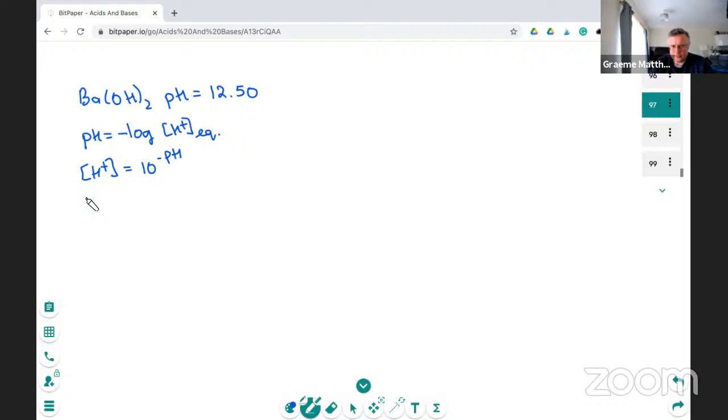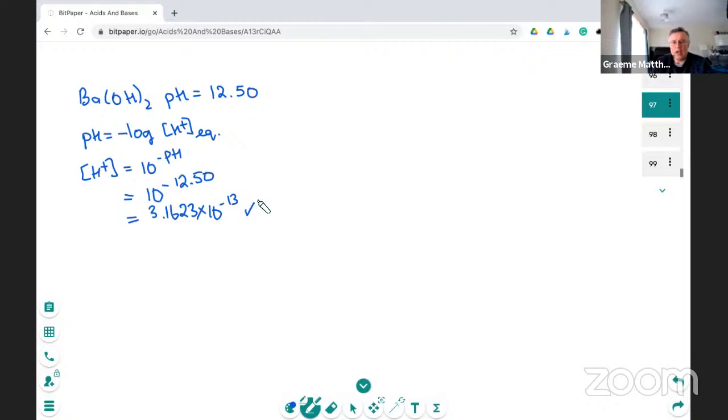And so the concentration of the hydrogen ion is going to be 10 to the minus 12.50, which comes back as 3.1623 times 10 to the minus 13, right? So I got this information from the pH.